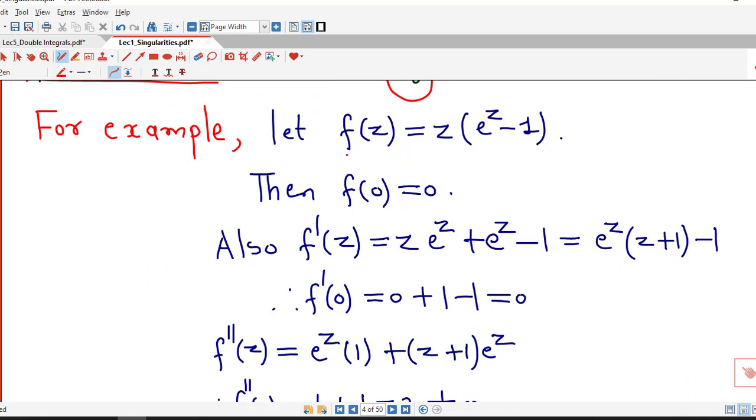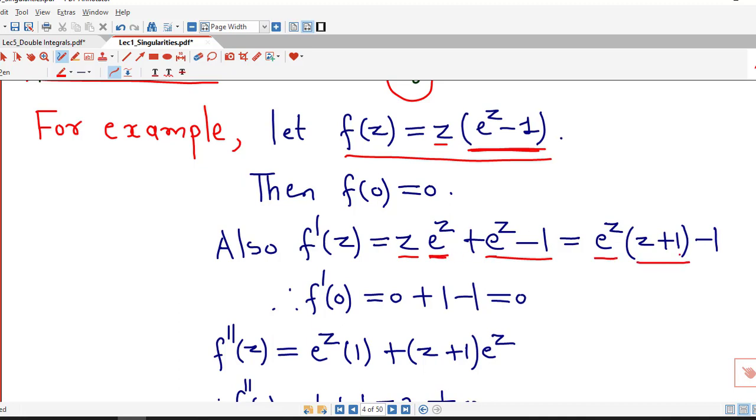For example, suppose we consider this function f of z equal to z times (e raised to z minus 1). We can see for z equal to 0, the value of this function is 0, and if we find the first derivative, then we have to apply the product rule. z as it is, derivative of (e raised to z minus 1) is e raised to z minus 0, that is e raised to z, and (e raised to z minus 1) as it is, derivative of z is 1, and we can rewrite this by taking e raised to z common.